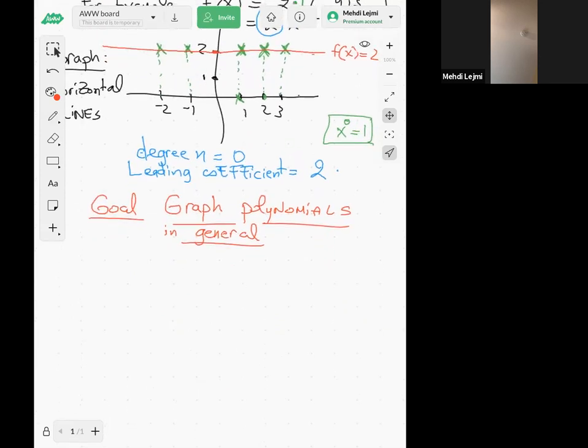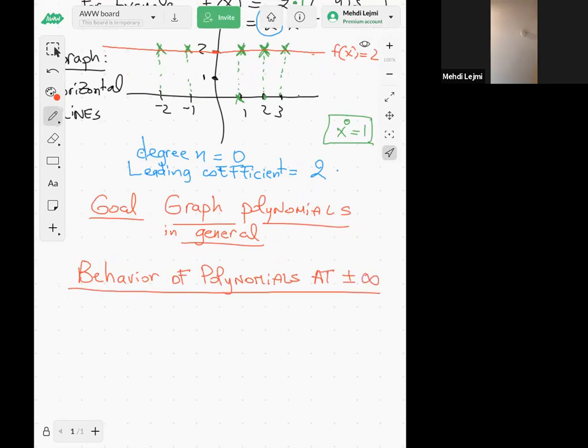So the first thing we're going to do is to study the behavior of polynomials at infinity.